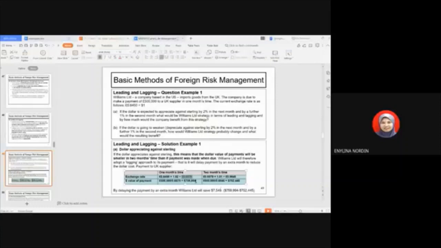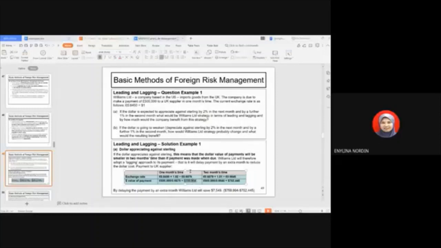And then how much dollar here? 500,000 pounds divided by the new exchange rate, which is 0.6579. The amount of dollar that is equivalent to 500,000 pounds is $759,994. This is the payment that should be made by the US company in 1 month's time.